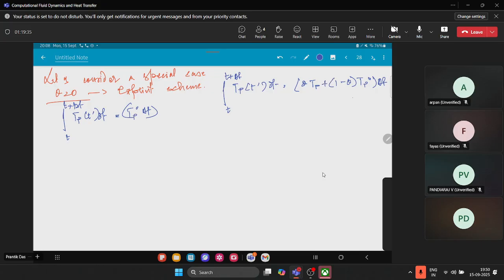Okay, and then the whole reduced equation looks like this.